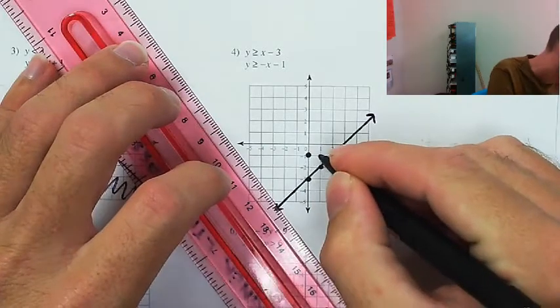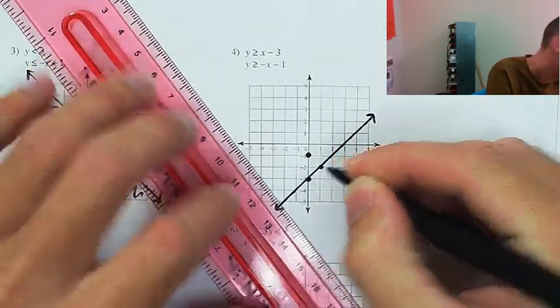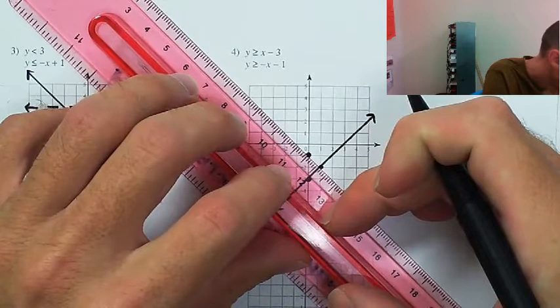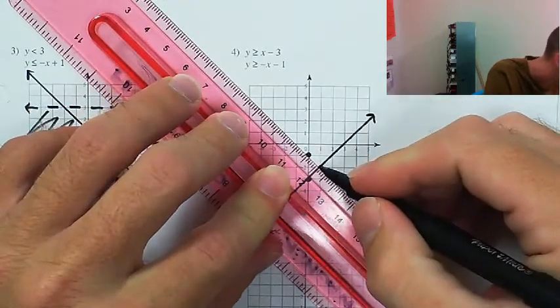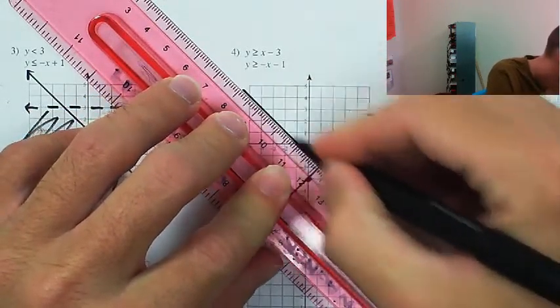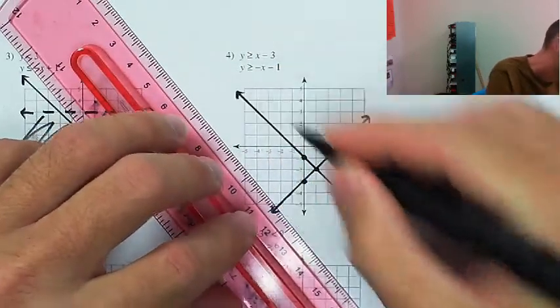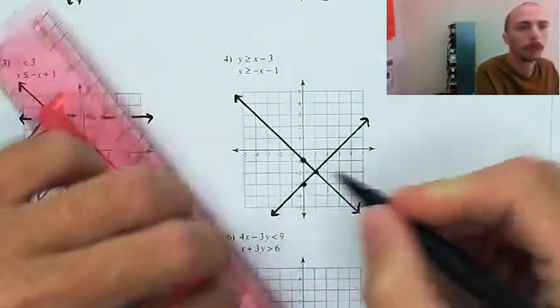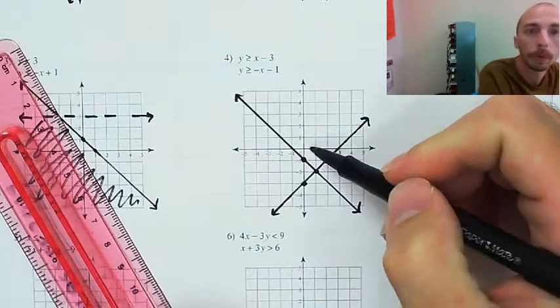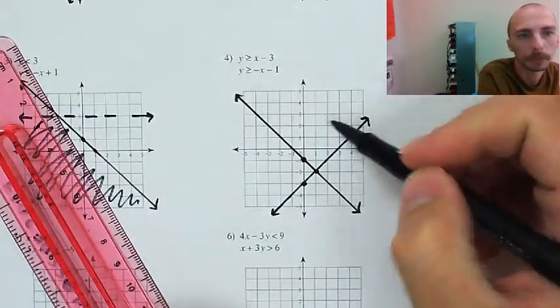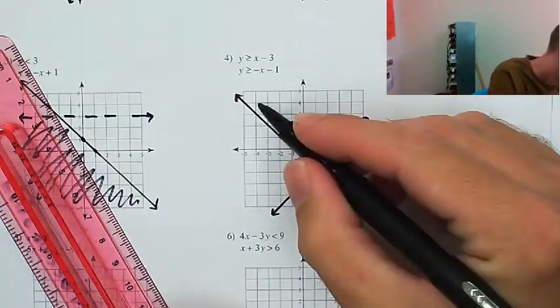So minus 1, and then a slope of negative 1 would go to that point as well. And there we go. Looks like it's going to be pretty good. Okay, both solid because they're both greater than or equal to, and because they're both greater than or equal to, we're just going to be above on both.